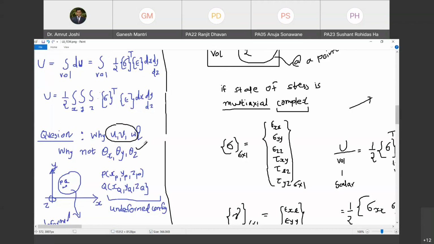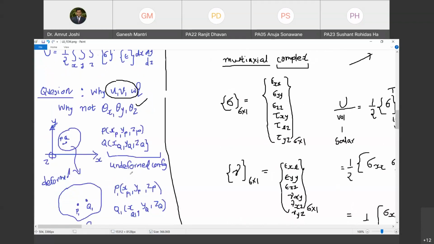On similar lines, you will understand now. In general, xp, yp, and zp will change to xp1, yp1, and zp1, and xq, yq, zq in the undeformed configuration will change to xq1, yq1, and zq1 in the deformed configuration. Therefore, you will have rotation of this line element about all the axes x, y, and z in general.